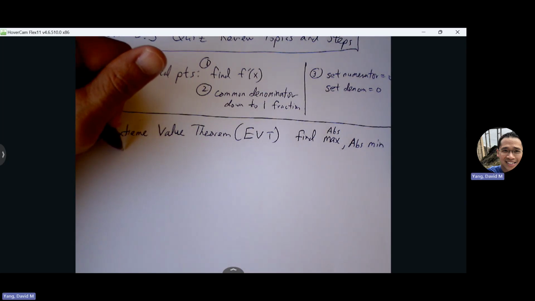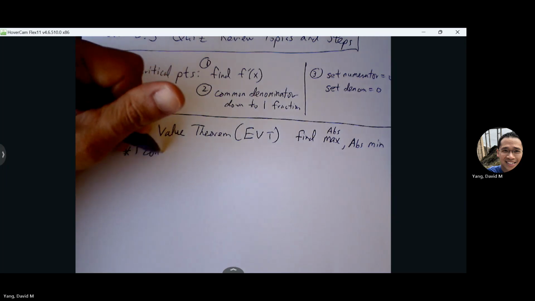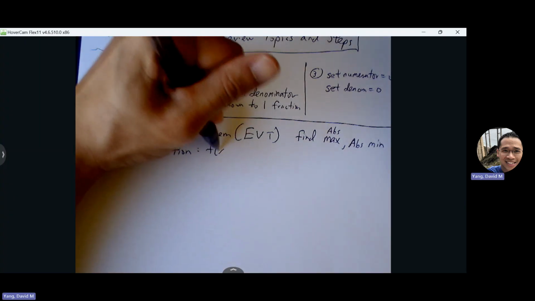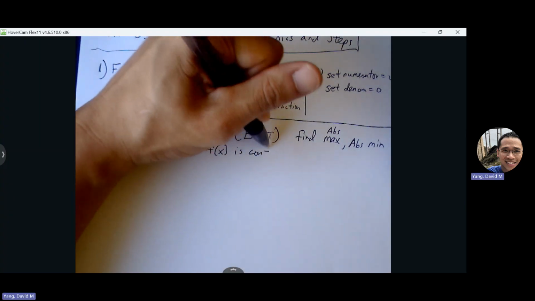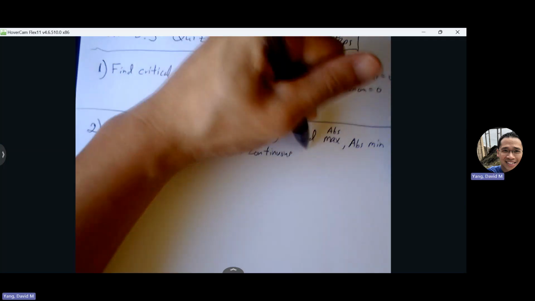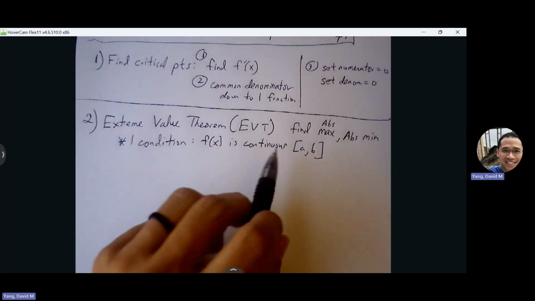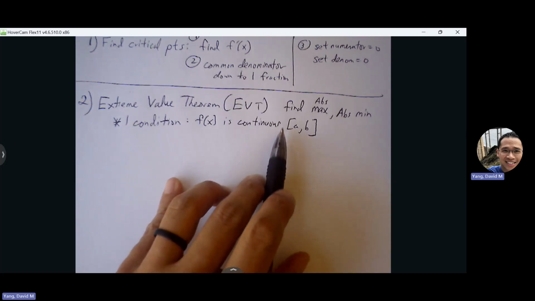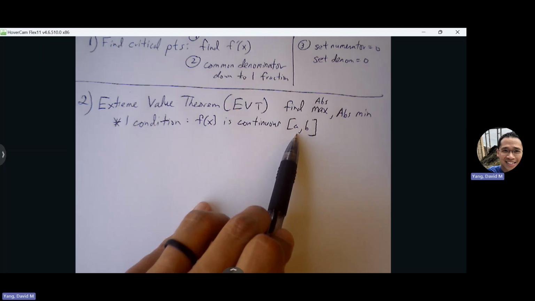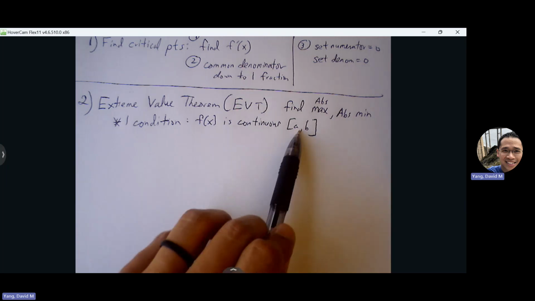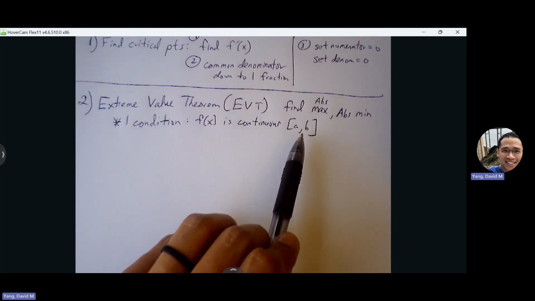We do have one condition, and that is required for you to state in order to move on: is your function continuous on the closed interval from a to b. If there is no denominator, then there's nothing to worry about. If there is a denominator, then you want to make sure that if there's a hole or asymptote, that the hole or asymptote is not interfering with the interval. If the hole or asymptote is interfering with the interval, then you stop the problem because the function is not continuous. But if the hole or asymptote is outside the interval, then we can say the function is continuous, no issues there, and we continue with our extreme value theorem.